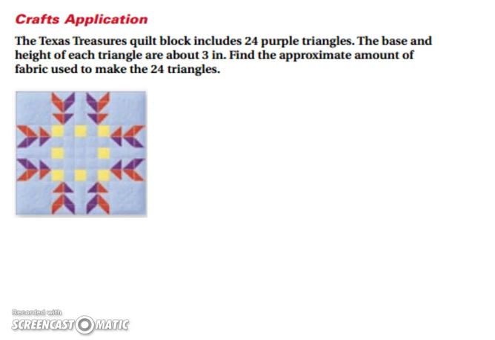Well, the area of a triangle is 1/2 base times height. So we can find the area of one triangle, as each triangle has a base of 3 inches and a height of 3 inches.